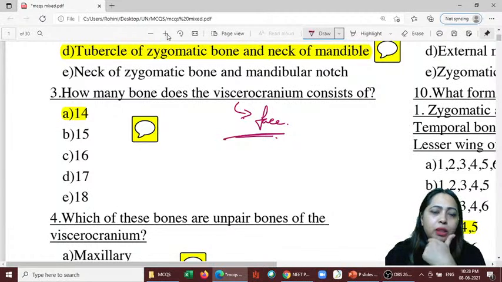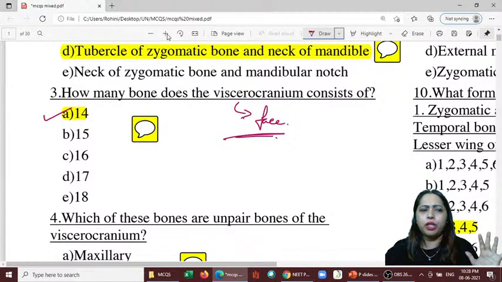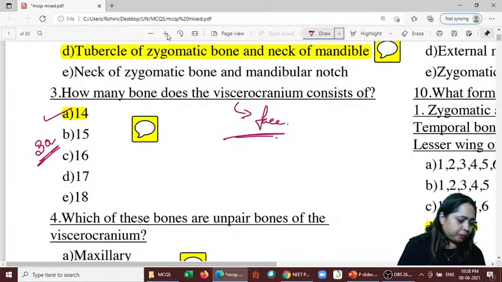So you have frontal, all these bones. And then you also have the bones of the orbit plus the maxilla, zygomatic, all this if you consider, altogether you have 14 bones. So 3A is the answer. Next one.